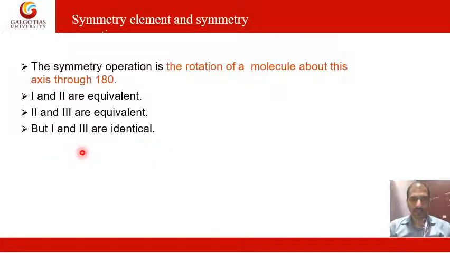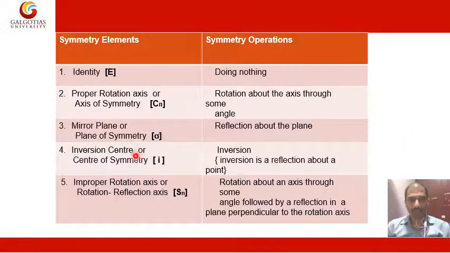Identical means that if we designate the atoms as HA and HB, you will see them in the same positions. Now, in summarized form, we go through the different kinds of symmetry elements and their operations. In the case of identity, the molecule is doing nothing, and it looks the same.